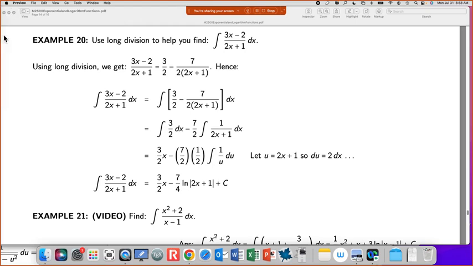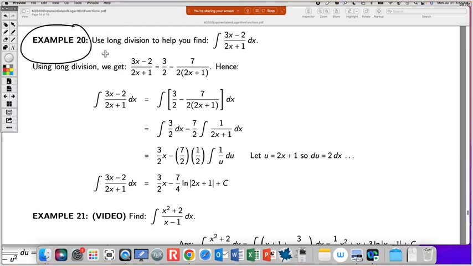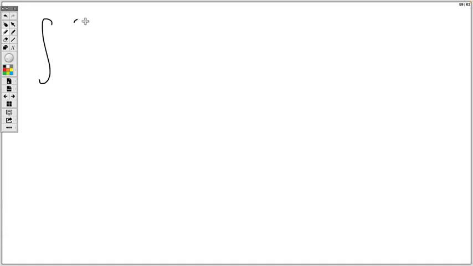Let's look at example 20. Example 20 reintroduces another algebraic manipulation we can do to help us figure out these integrals.